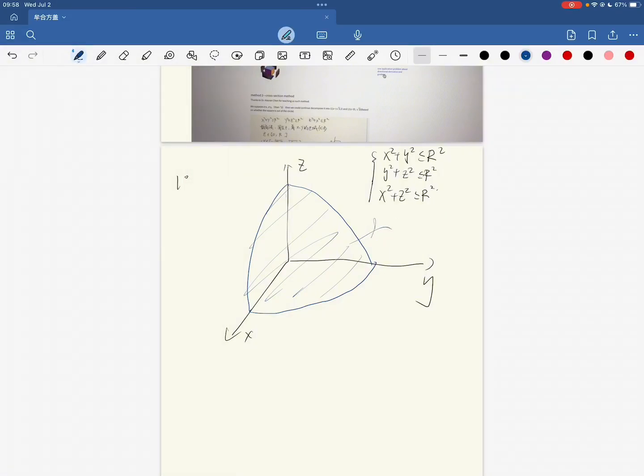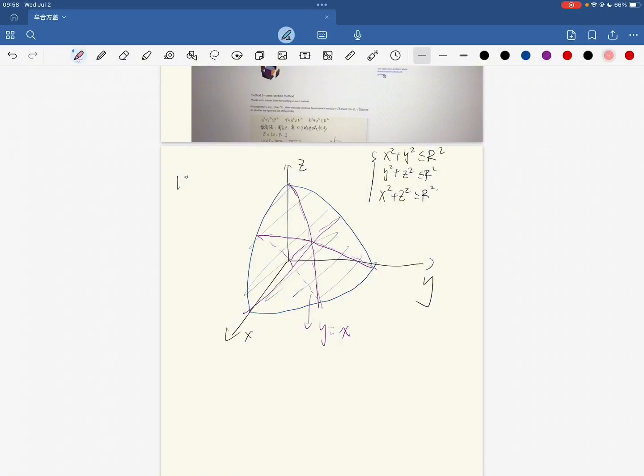Now I will decompose it. We could draw some special planes, such as y equals x, and we have this. Also z equals x, we have this. Also z equals y, and we have this.